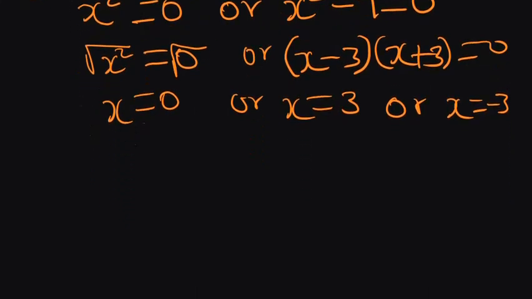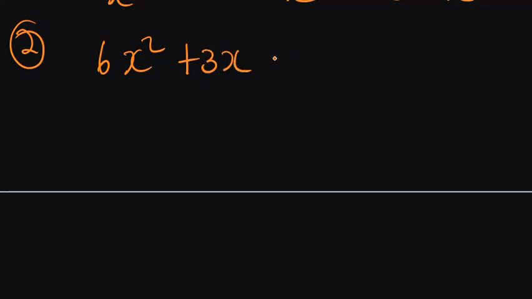Now let us move to our equation number 2, which is 6x squared plus 13x minus 5 is equal to 0. Now we can see that this equation is complicated.